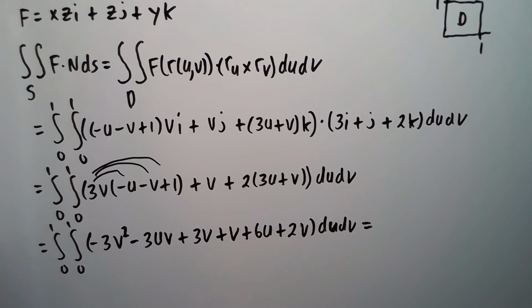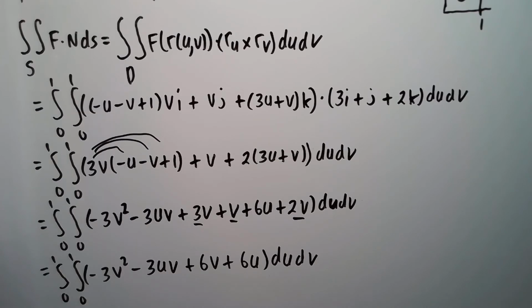And then combining some like terms, well, I can combine the v's here. So we get to this, combining like terms, and now we're going to integrate with respect to u.